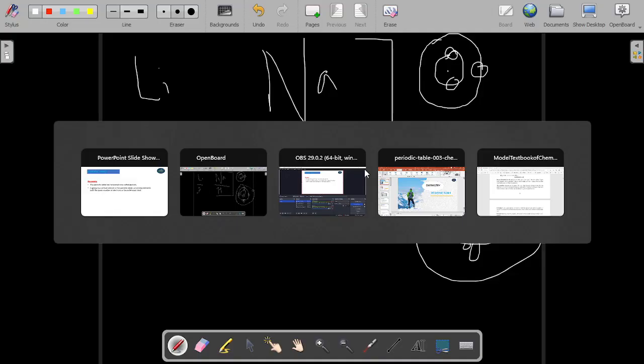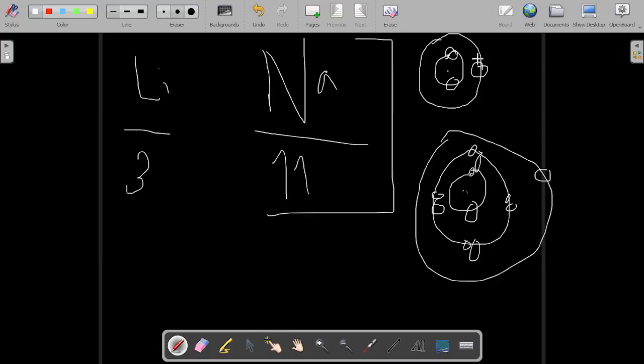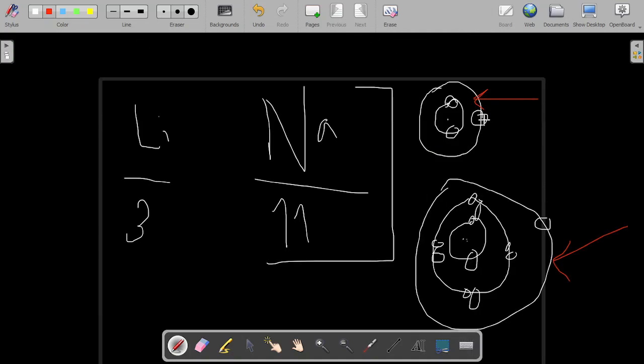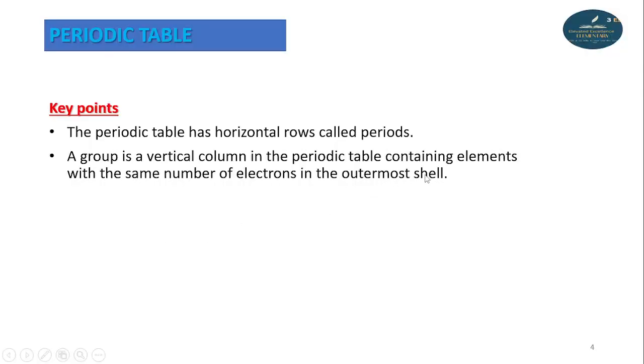Here, since lithium and sodium are in the same group, looking at the outermost shell, it contains an electron, while this one also contains an electron. So that has been proved: elements in the same group contain the same number of electrons in the outermost shell.